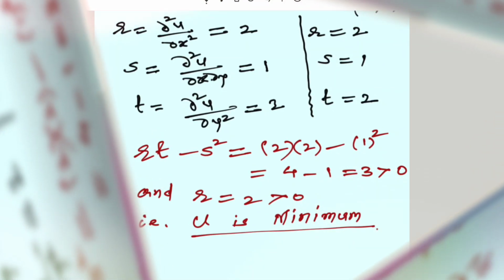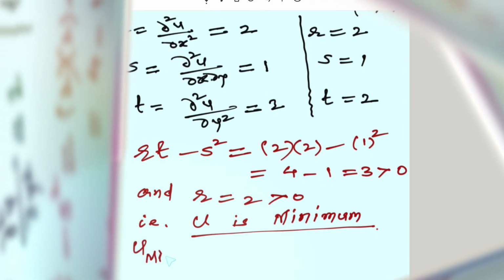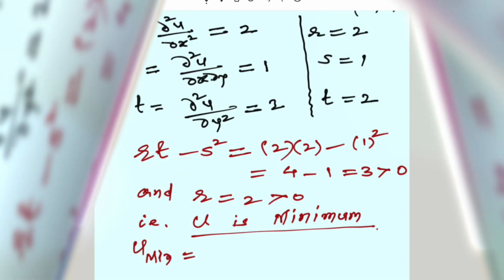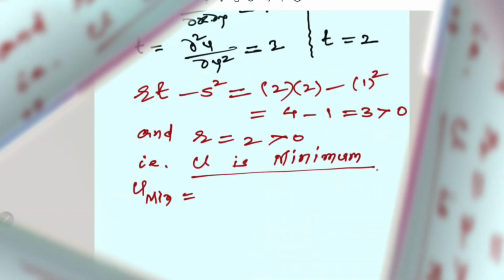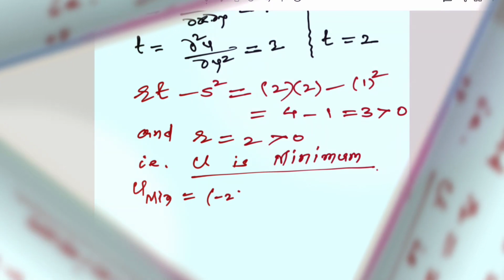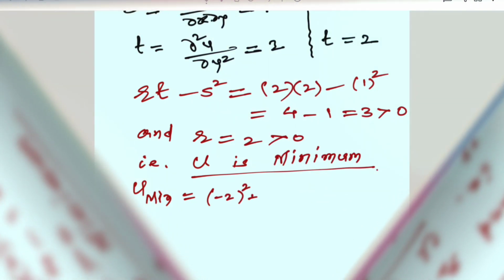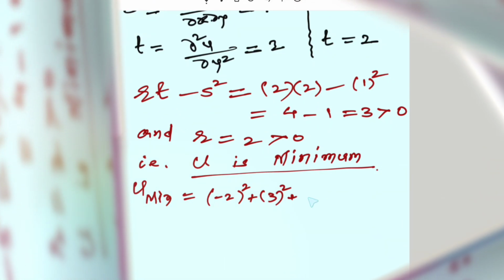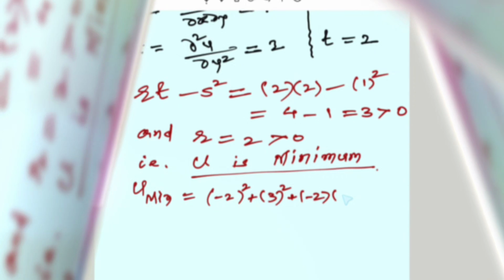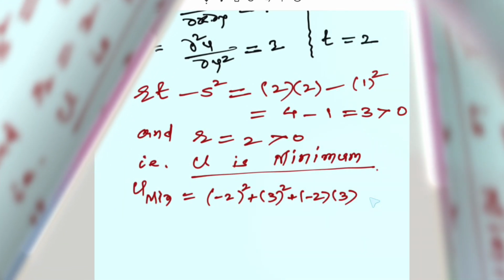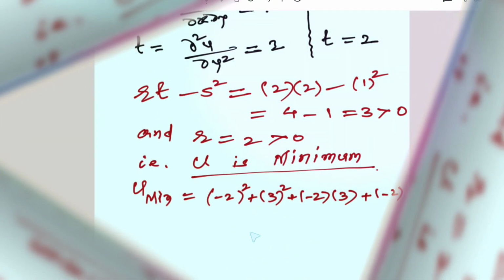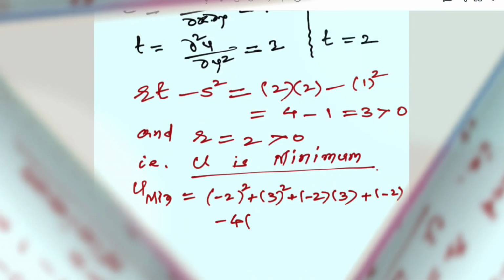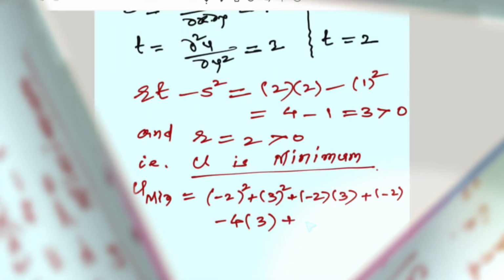And if we want to find the minimum value of u, put x as −2 and y as 3 in that equation. Therefore, x² means (−2)², plus y², 3², plus xy, x is −2, y is 3, plus x is −2, minus 4y, y is 3, and plus 5.